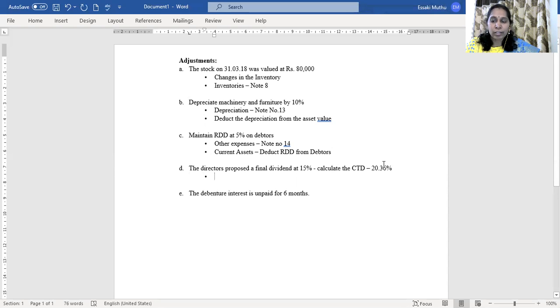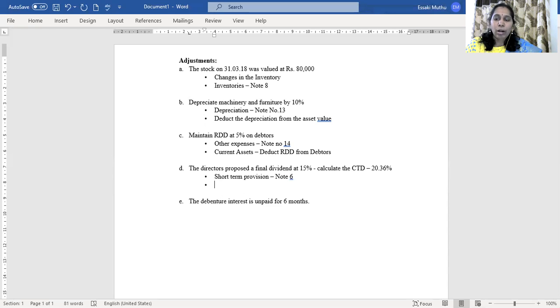So it should be considered as outstanding, and that will be shown under the category of short-term provisions under note number 6. Okay, so we will be showing under short-term provisions in the balance sheet under note number 6, because you have not paid as of now, you have proposed and you are going to pay in the future.